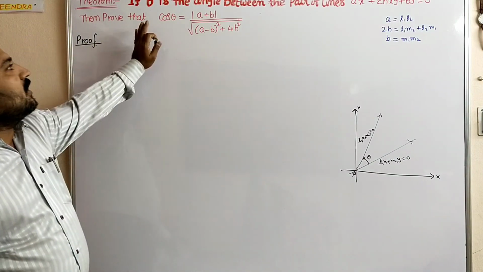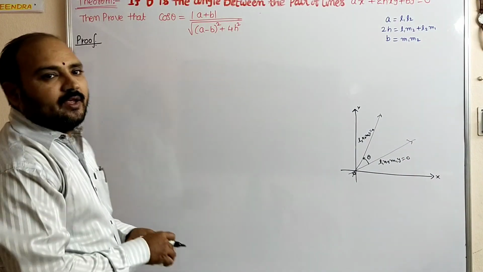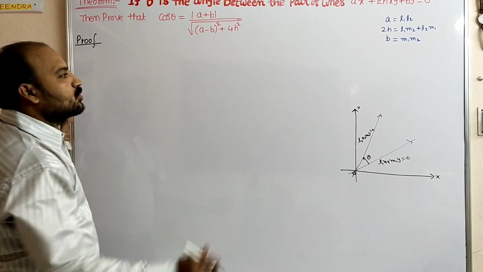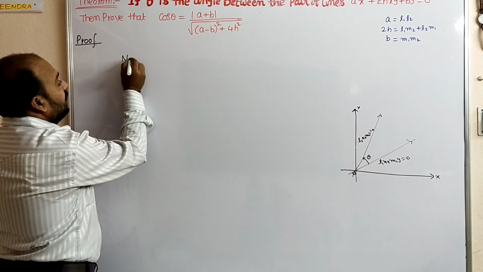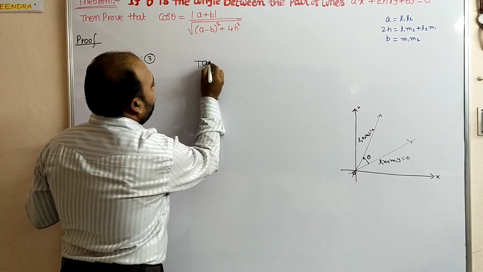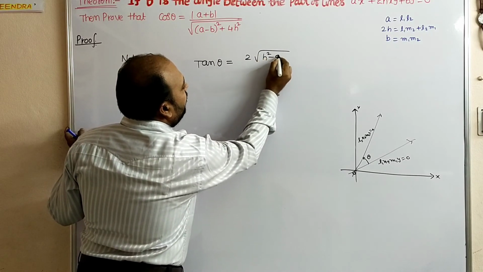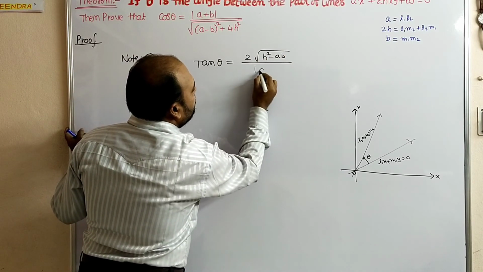Here the angle between the pair of lines is theta, then we have the cos theta formula: mod a plus b by root of (a minus b) whole square plus 4h square. Now in terms of tan theta, note 3. If you want to write the tan theta formula, tan theta equals 2 root of h square minus ab divided by mod a plus b. Remember.